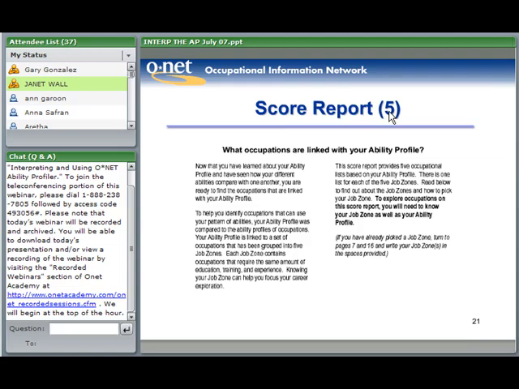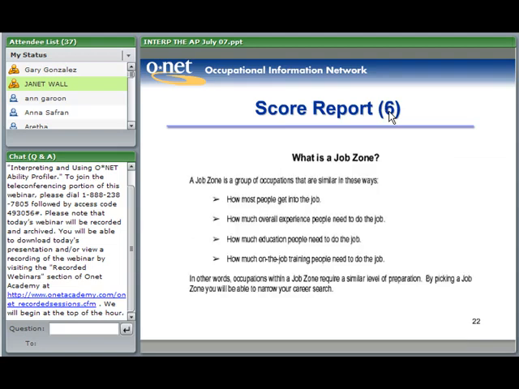And what it indicates to them is that they're going to get several sets of occupations and those occupations are going to be organized by job zone. So there's a section on the score report that talks about job zone and what it is.